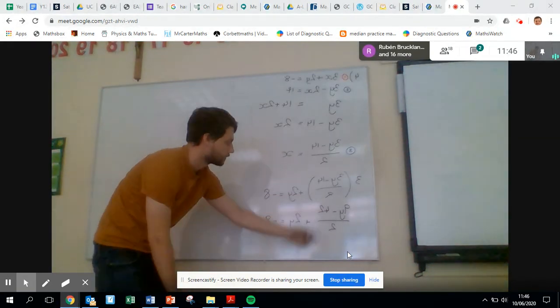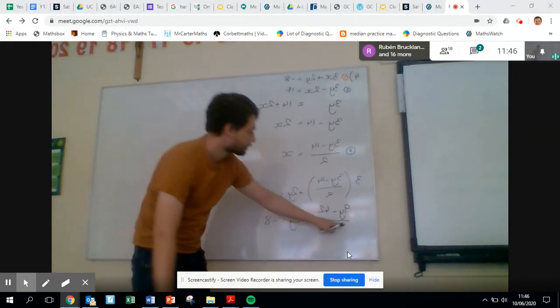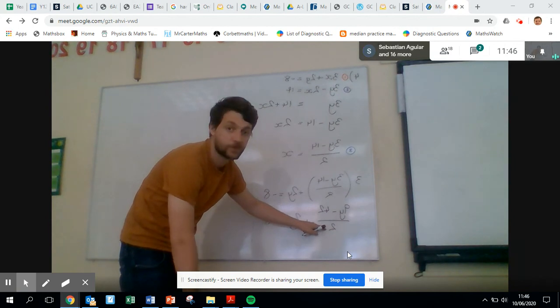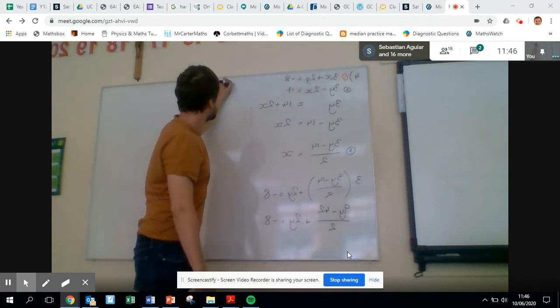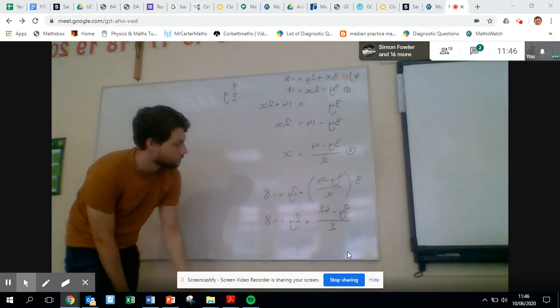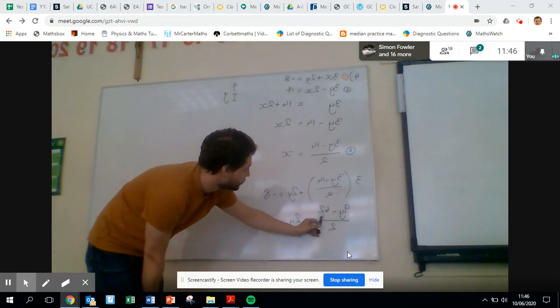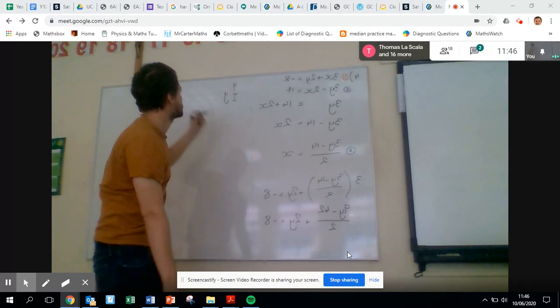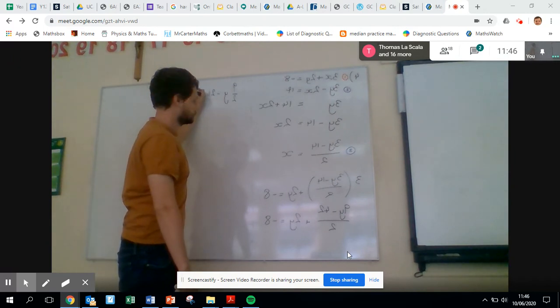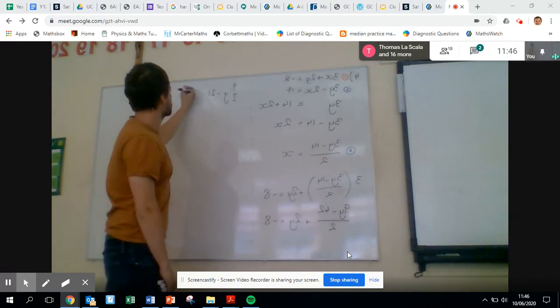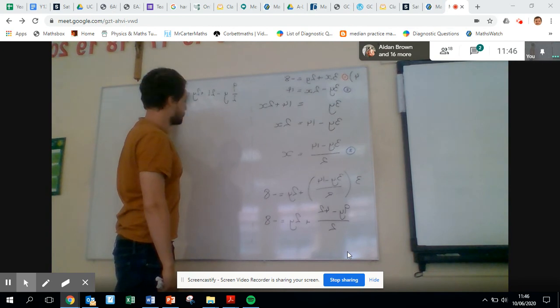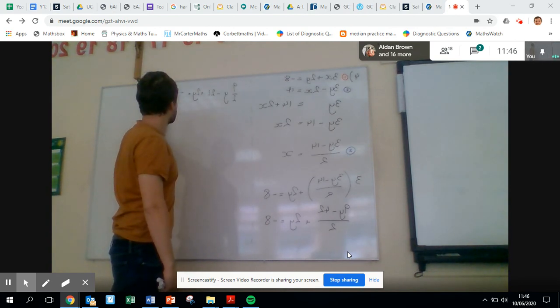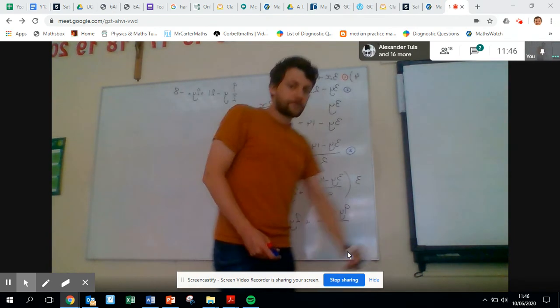So we've got rid of our x now, I've only got y's left. So 9y divided by 2, I'm going to rewrite that as 9 over 2 y, minus 42 over 2, which is 21, plus 2y equals minus 8.